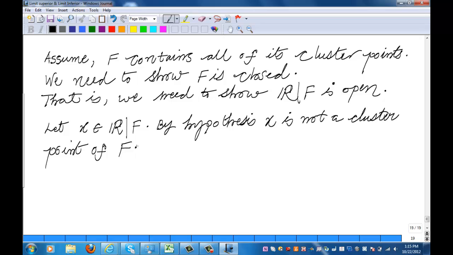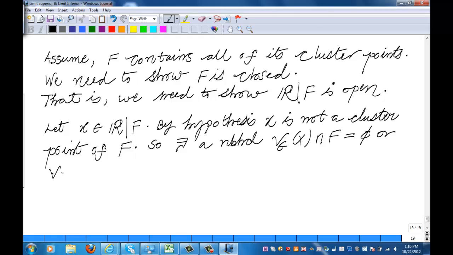So if X is not a cluster point, it would mean that there's got to be a neighborhood of X which will not contain anything from F. So there exists a neighborhood V epsilon of X which does not contain anything from F, which intersected with F is empty, or it means that V epsilon of X is inside of the complement of F. Let's see if you agree with that.